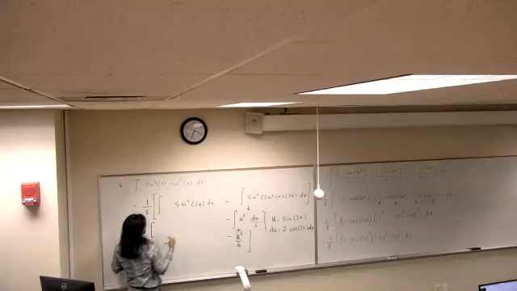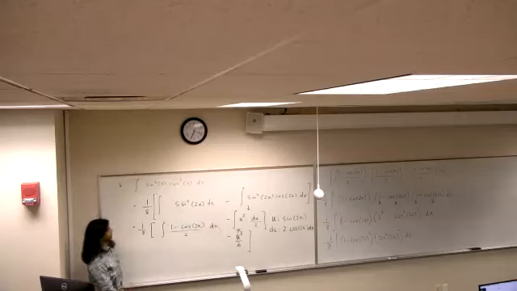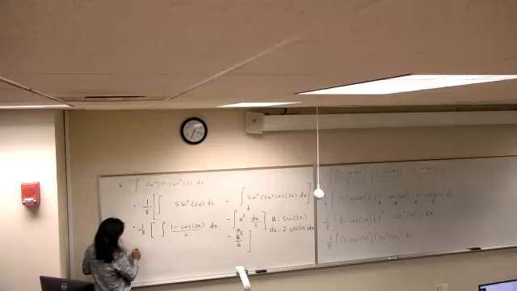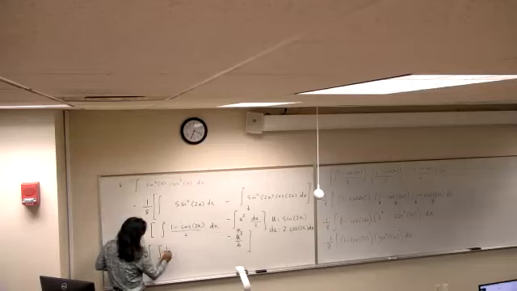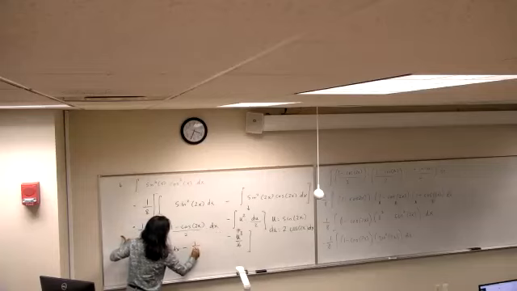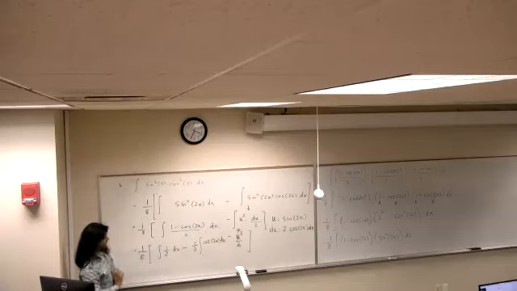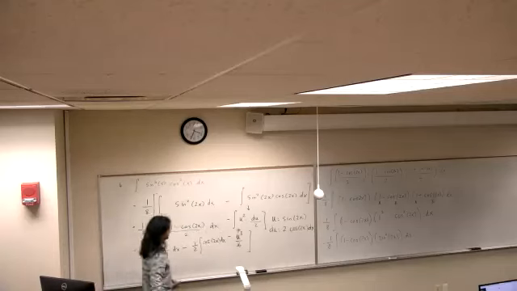So, sine squared 2x, I just erased it. We know that it's 1 minus cosine 4x over 2, dx. Yes? I can split the integral: 1/2 dx minus 1/2 cosine 4x dx, and then the term that's coming from u substitution.